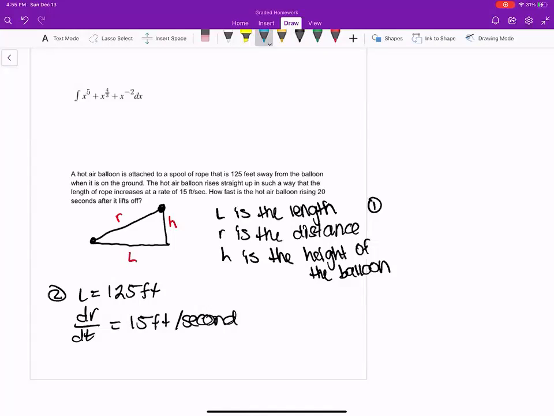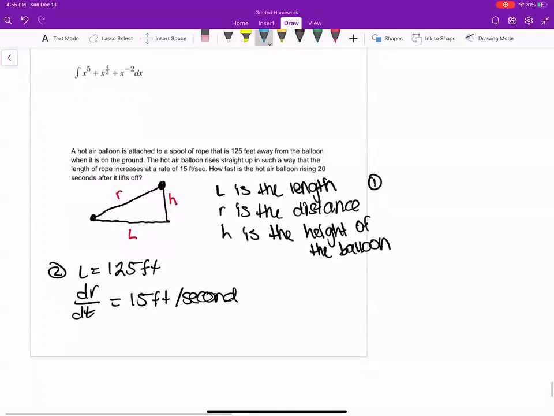So now one thing you can notice here is that it says the rope is 125 feet away when it's on the ground. It rises in such a way that the length of rope increases at a rate of 15 feet per second. So from this, you can create a function that is R equals 125, the starting distance, plus for every second, plus 15t, where t is your time.